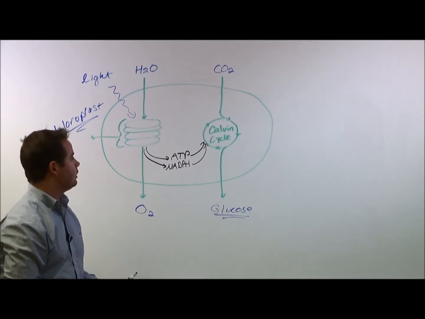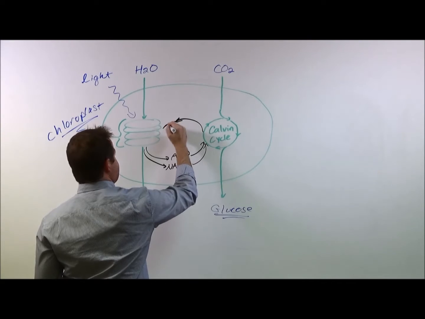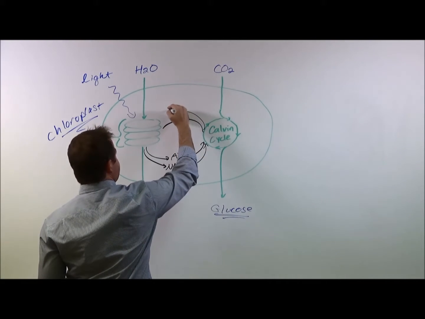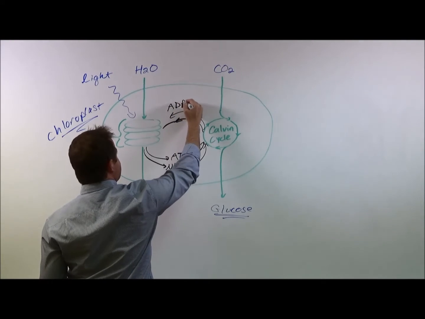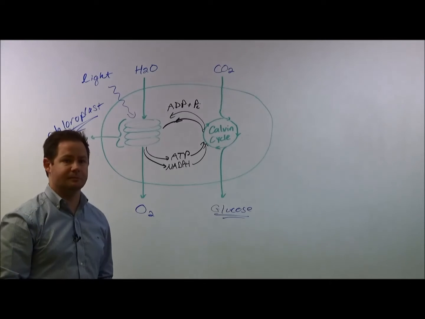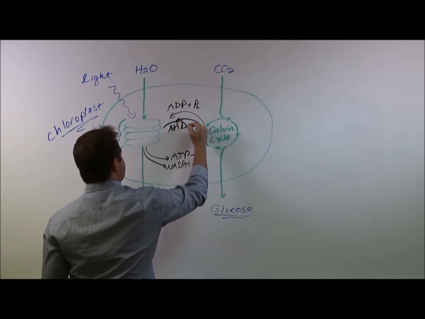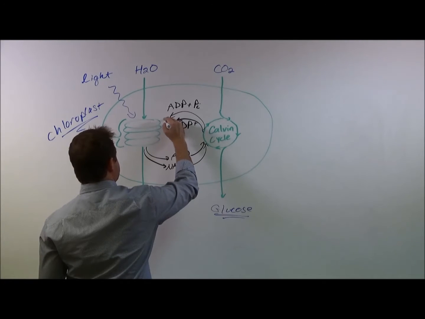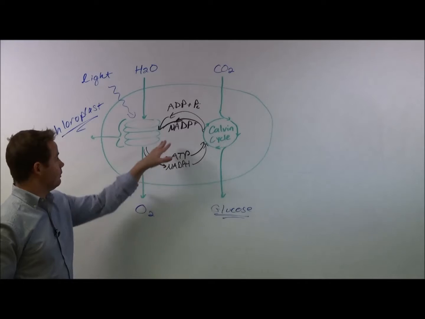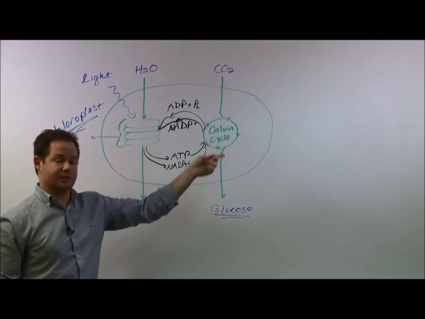And then we're also going to get out some ADP and inorganic phosphate, which is symbolized by Pi, and some NADP+, which will then re-enter in our light reactions as we receive more water and more light energy to allow this process to continue.